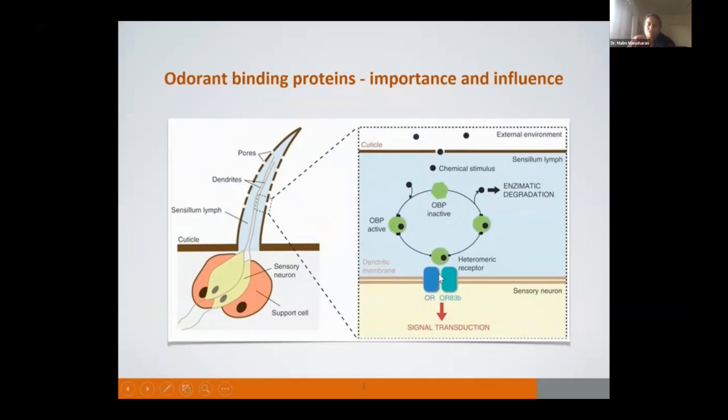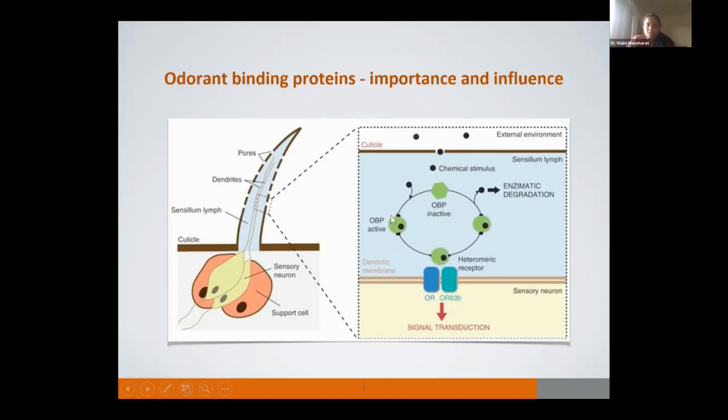The previous talks, as you have heard, talked about olfactory receptors. These are the proteins present on the neurons that actually start the signal. But the sensillum lymph has these very unique proteins called odorant binding proteins, which we realized can do a lot of functional differentiation in the ways they recognize different odorants, and we have published a lot on this as well.